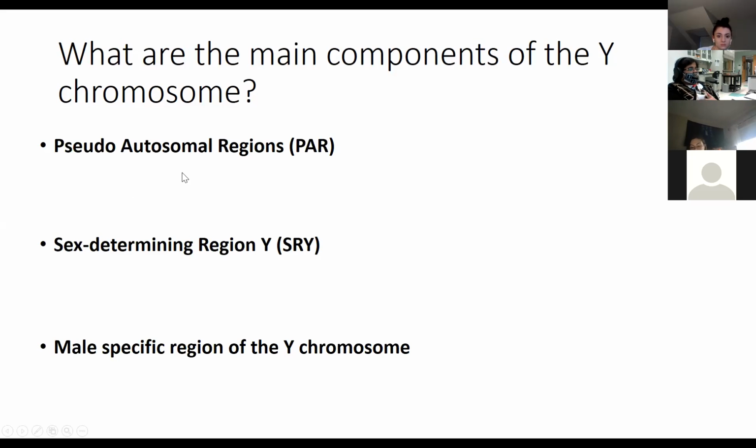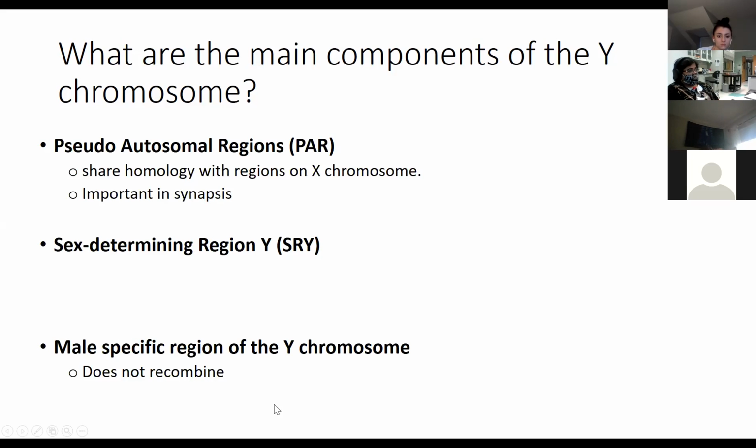The first one is the pseudo-autosomal region, then the sex determining region of the Y, or SRY, and then the male specific region of the Y chromosome. This specific part does not recombine whatsoever. The PAR, on the other hand, has homology with the X chromosome.